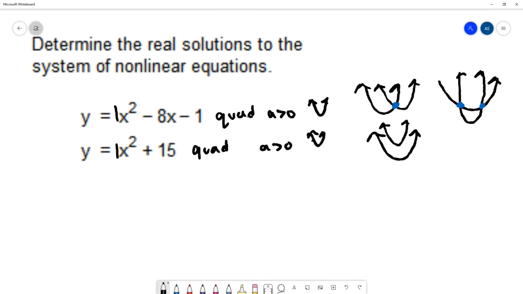So let's try the substitution method first. Now with the substitution method, you want one equation solved for. And when you have that solved for, then you can substitute into the other one.